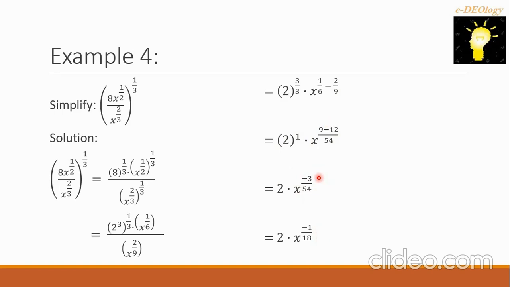We divide the numerator and denominator by the number 3. So for this answer here now, we will simply rationalize the negative exponent, putting it in the denominator. So the final answer is 2 all over x raised to 1/18.